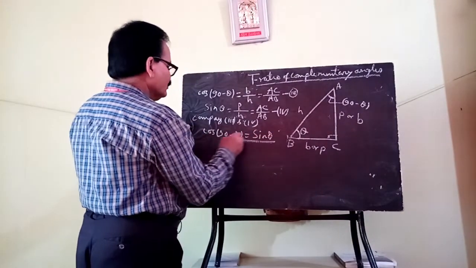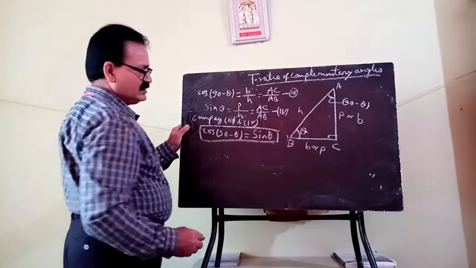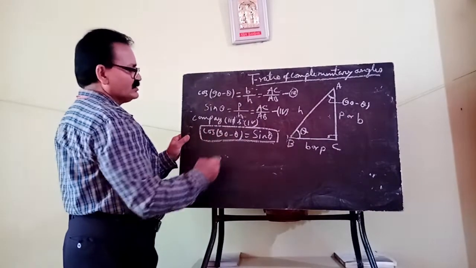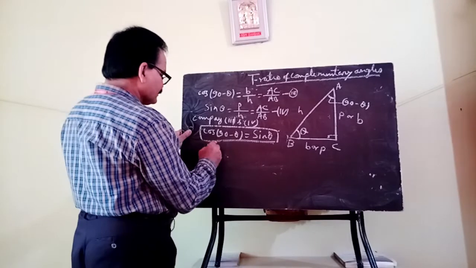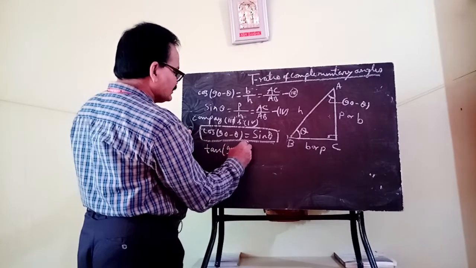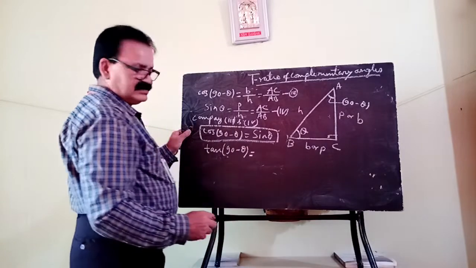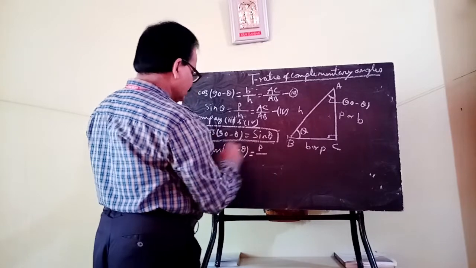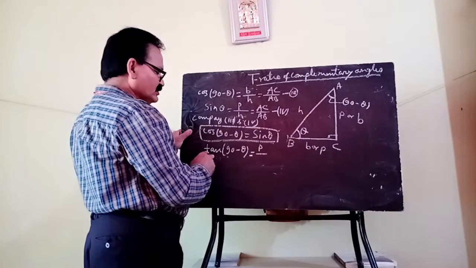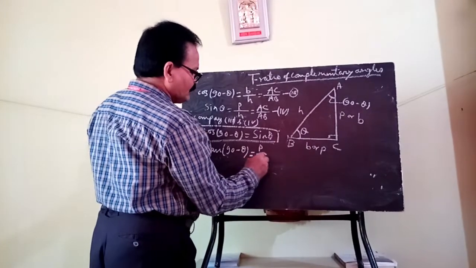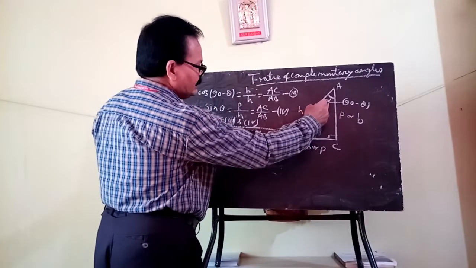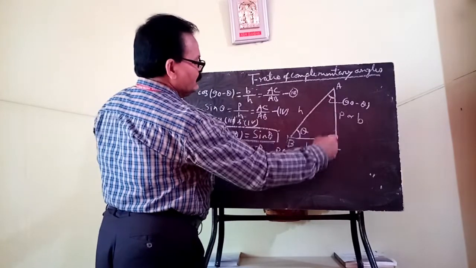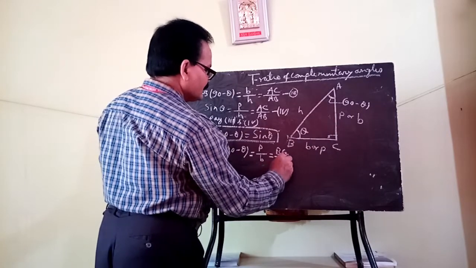So this is also one of the relations, and earlier we had seen that sin 90 minus theta is cos theta. Now if you consider tan of 90 minus theta, you know the value of tan is determined by the ratio of P and B. For this angle, P is BC and B is AC.